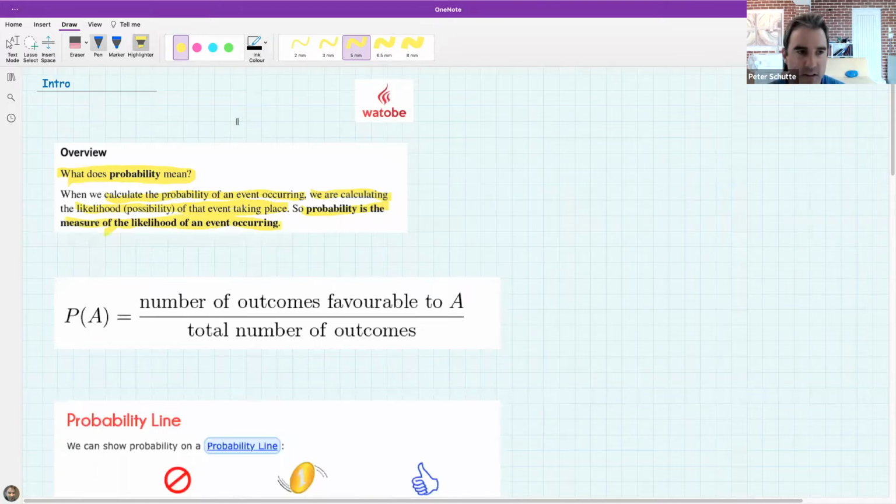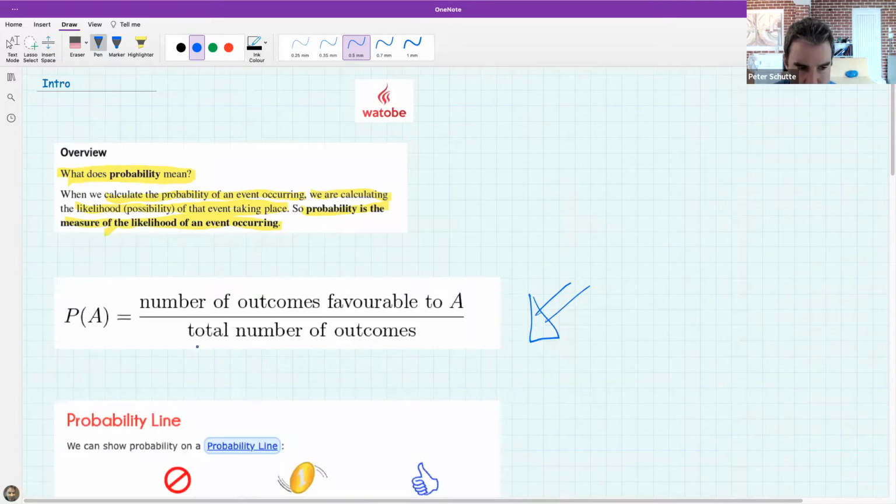And so the most important formula in the whole of probability is this one over here. It says for some event A, some event or some experiment, what is the probability of the event A happening? For this experiment, we ask how many possible outcomes are there?